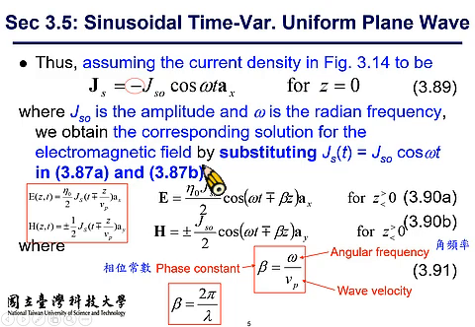And in this function, we have another parameter, that is beta z. So what is beta?